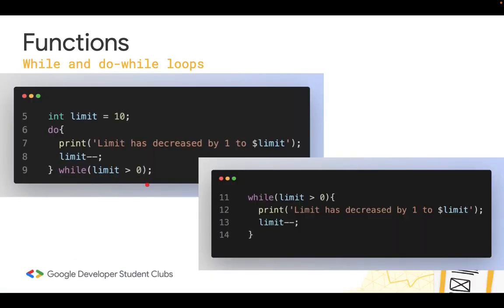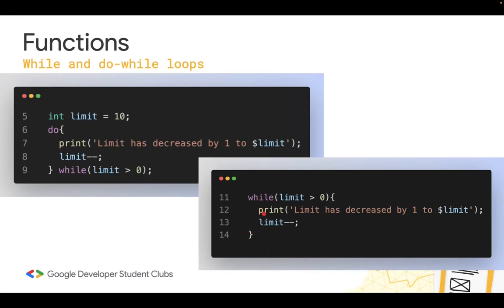Yes. So these are some code examples. This is a do while loop over here. So 11 is equal to 10. It goes to a do while loop. It prints this out first, and then does the decrement, and then checks if the condition is true.